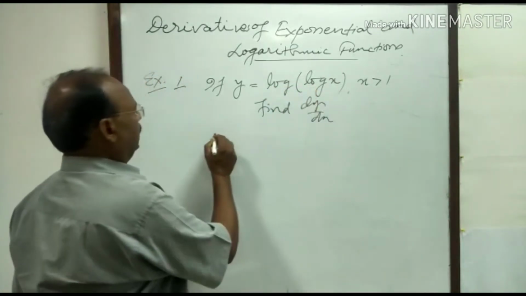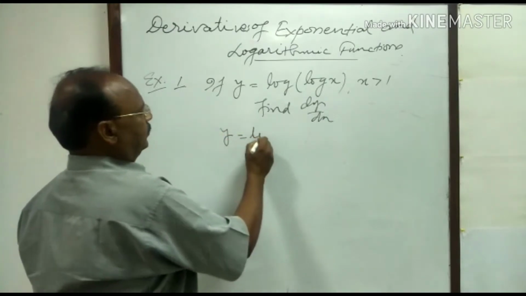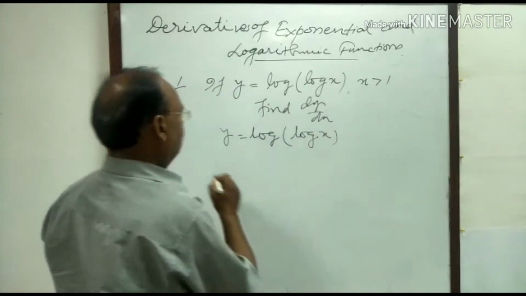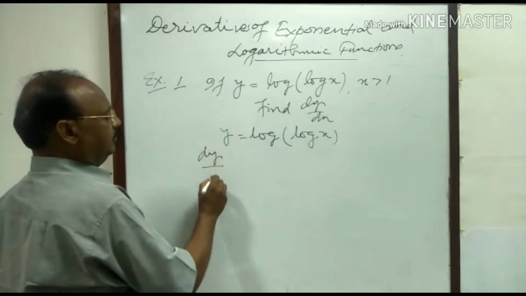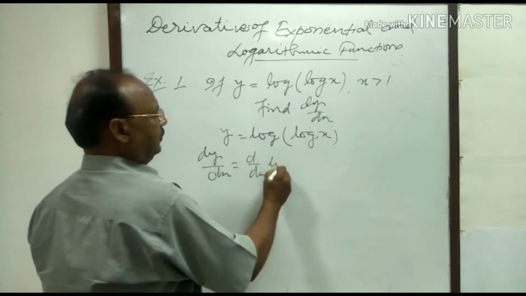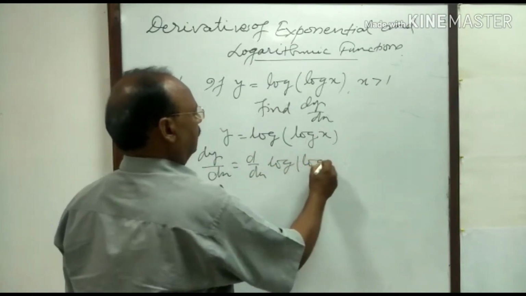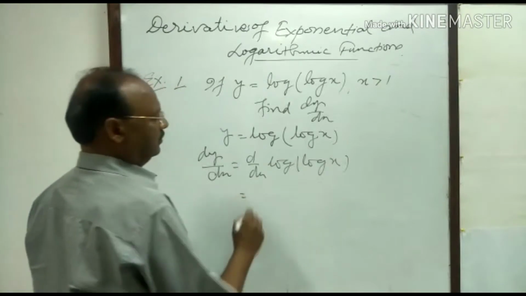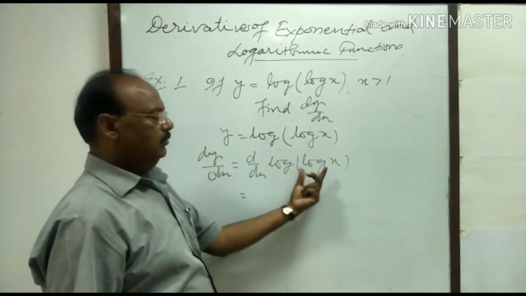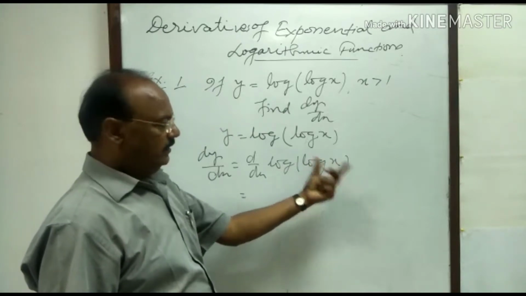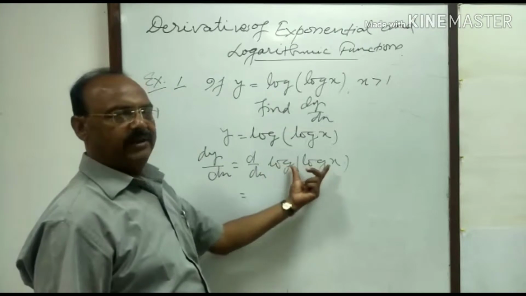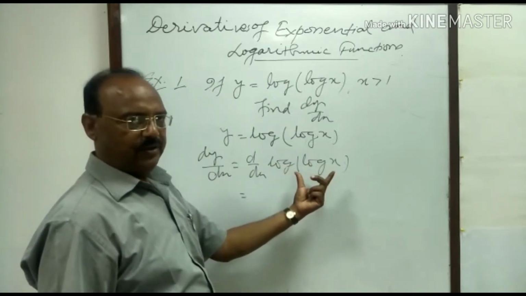So we have y is equal to log of log x. So the derivative of y with respect to x, d/dx of log log x: first of all, this expression should be differentiated with respect to log x, and then log x will be differentiated with respect to x, and these two derivatives will be multiplied together.